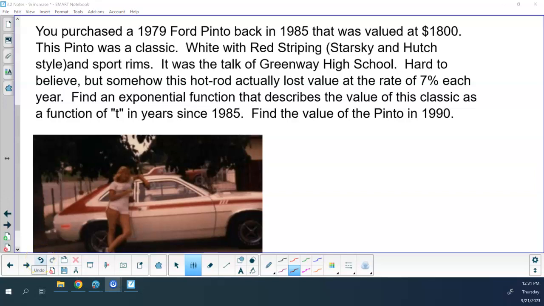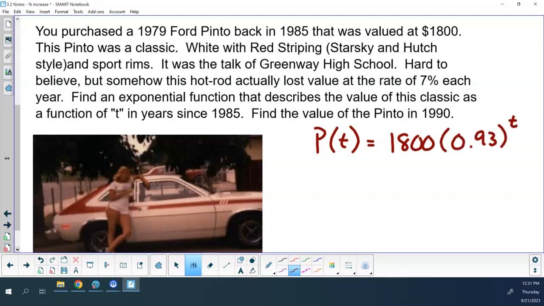So, your function, let's call it P for Pinto, of T for time, should have been 1800 times 0.93 to the T power, because we're decreasing in value 7%, so it's 1 minus 0.07, which is 0.93.